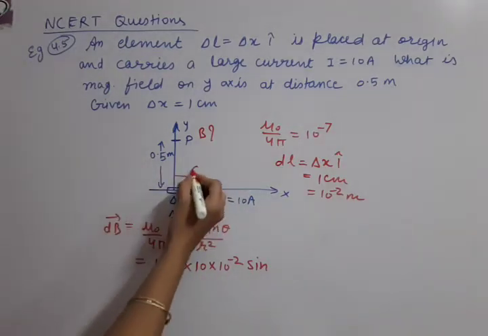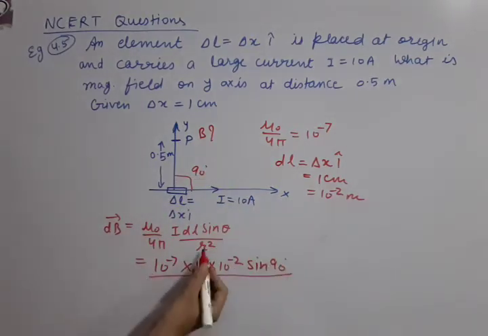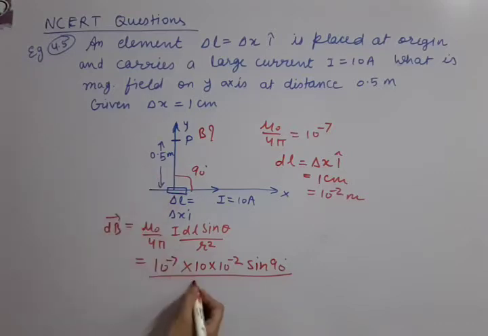So angle is 90 degree, so we will put here 90 degree, upon distance r square. Distance is 0.5, its square we have to put. So all the data this way we have to put, and after solving we are getting its answer 4 into 10 raised to power minus 8 Tesla.